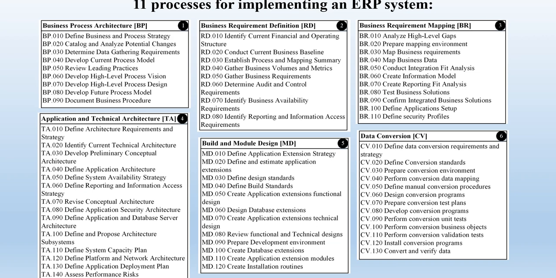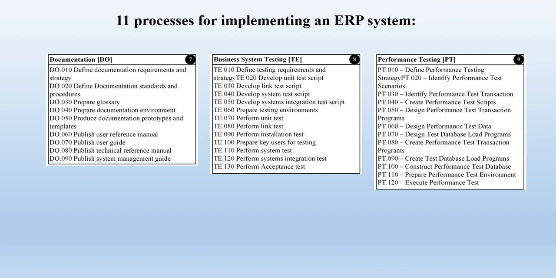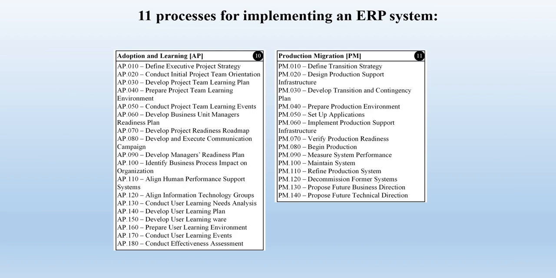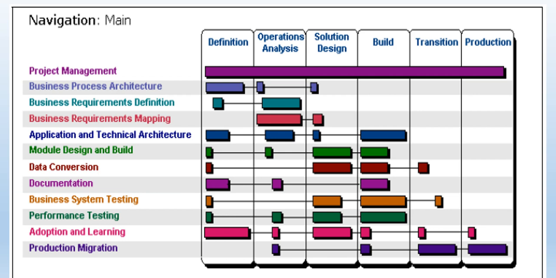There are: 1 business process architecture, 2 business requirement definition, 3 business requirement mapping, 4 application technical architecture, 5 build and model design, 6 data conversion, 7 documentation, 8 business system testing, 9 performance testing, 10 adoption and learning, and 11 production migration. The time costs are approximately shown as follows: 6 phases and 11 processes.